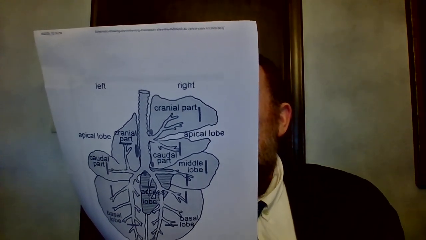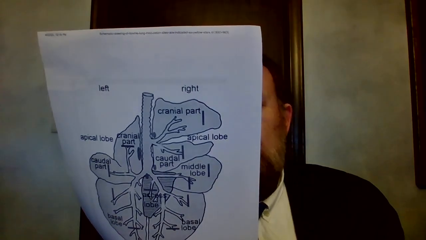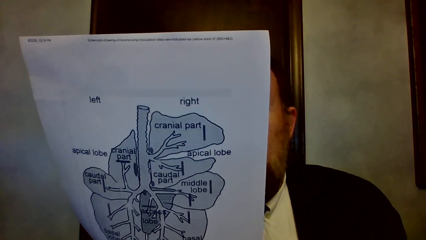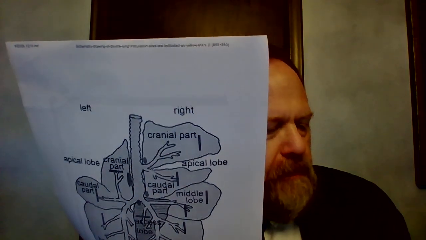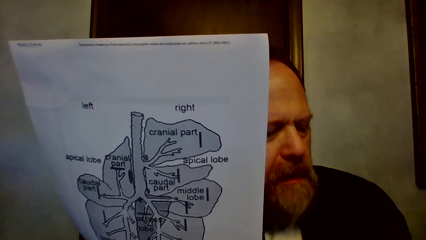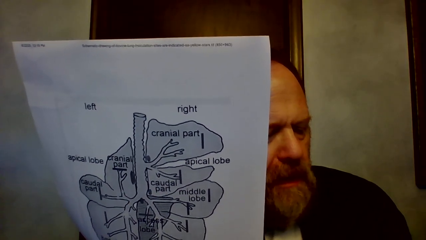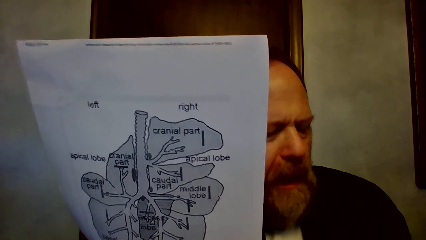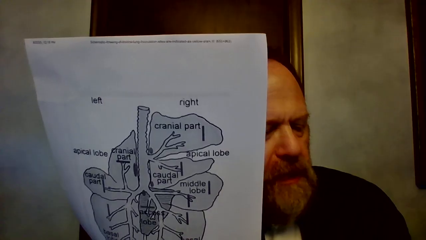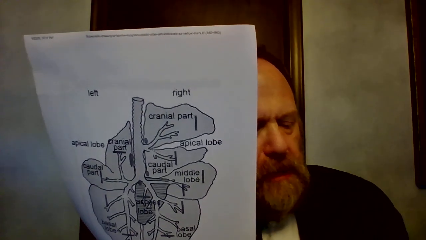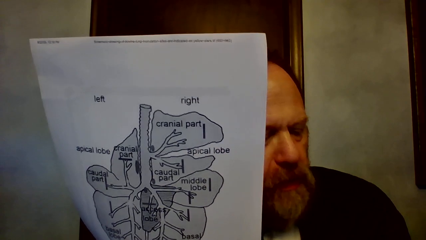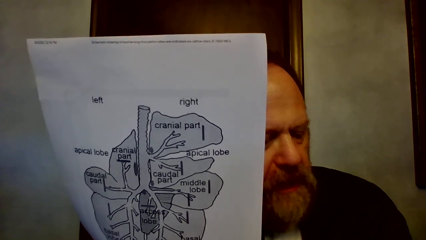Again, the caudal part and the cranial part, right? They're both in English called the same thing, just on the different sides. Again, tachtiya shtei unos, the left one which is next to the trachea is smaller than the right one.